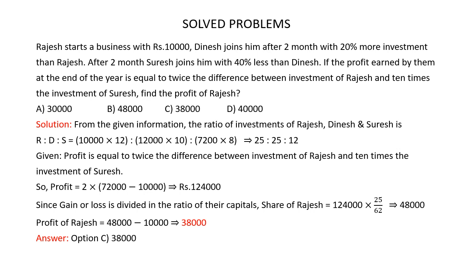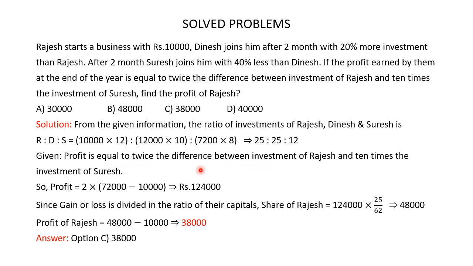So from this information, the ratio of investments of Rajesh, Dinesh and Suresh is 10,000 multiplied by 12 is to 12,000 multiplied by 10 is to 7,200 multiplied by 8. On solving this, we get the ratio of investments of Rajesh, Dinesh and Suresh as 25 is to 25 is to 12.